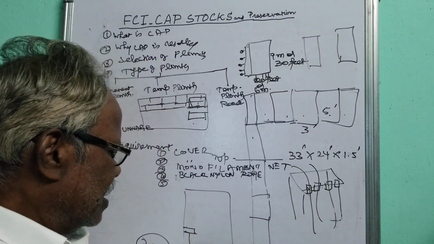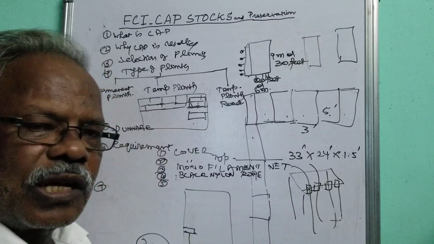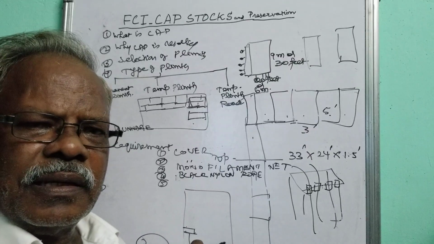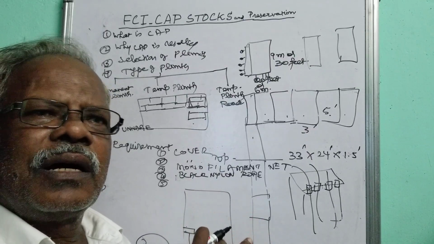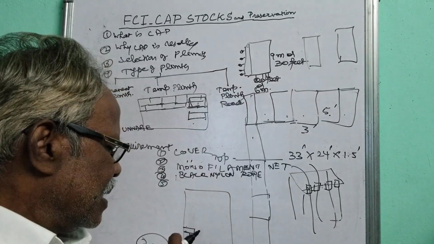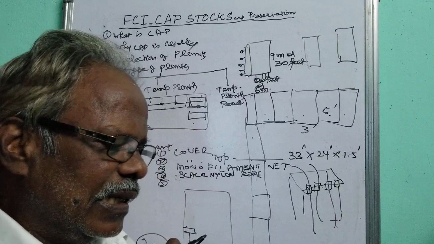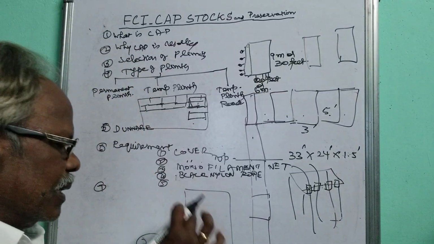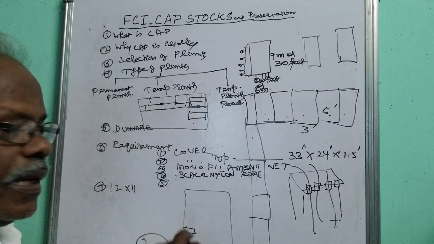So starting from the half of the bag, 11 bags are to be placed in the lengthwise manner, and totally 8 bags can be accommodated. So here 12 bags, here it is 11 bags, 12 into 11 bags.